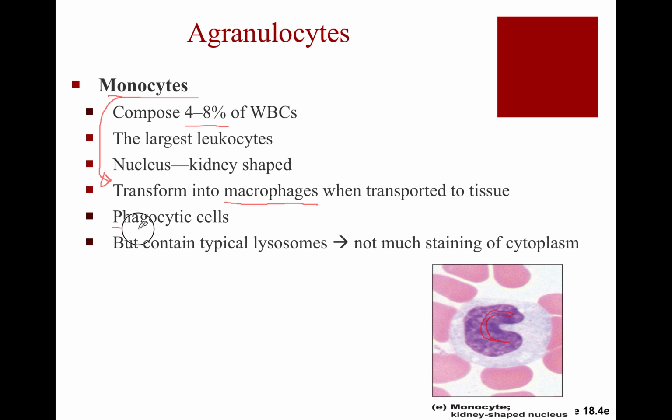These are also identified as phagocytic cells, which basically means they have the ability to engulf any sort of infective agent and destroy it using their lysosomes. So again, they do contain typical lysosomes, but as I mentioned, those granules within the cells are not going to be stained with a typical stain, hence the word agranulocytes for them.